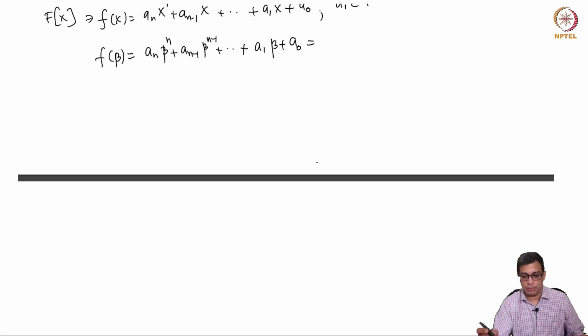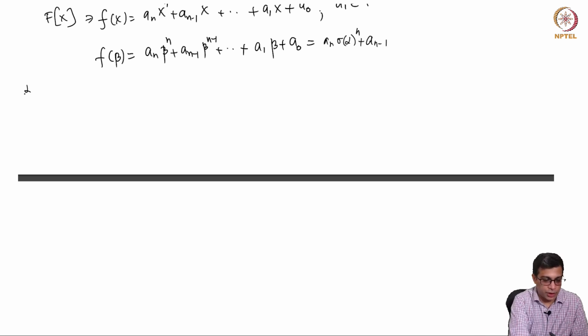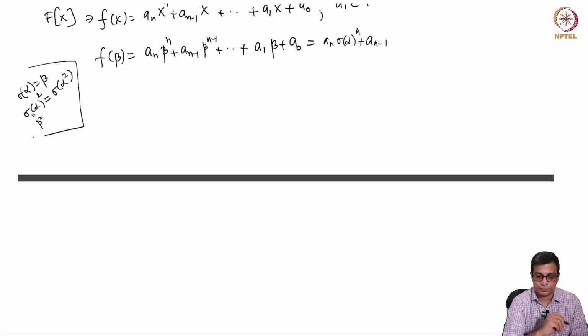But this, by using the fact that beta is sigma of alpha, remember if sigma of alpha is beta, sigma of alpha whole square is sigma of alpha squared, so that is beta squared. So that's what I am going to use.